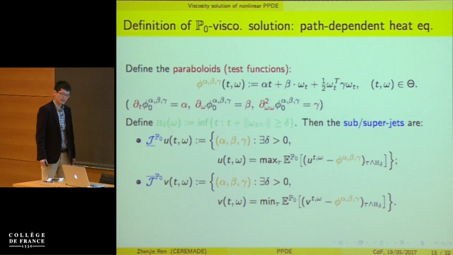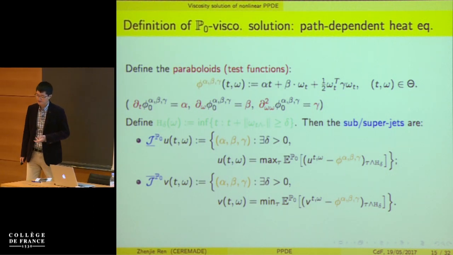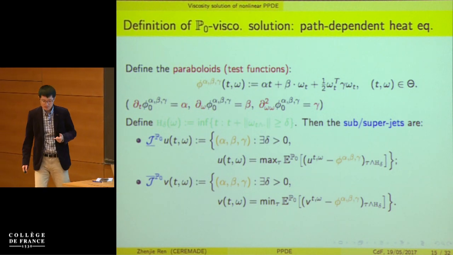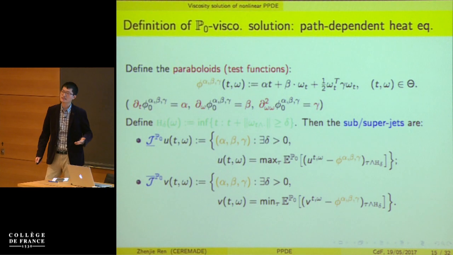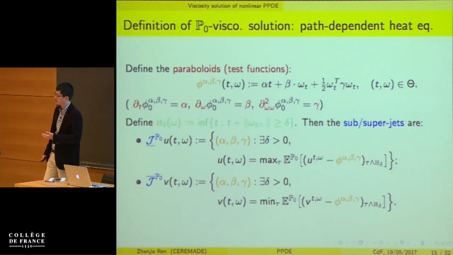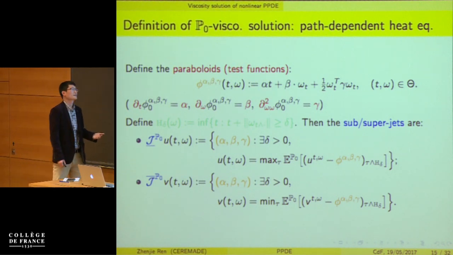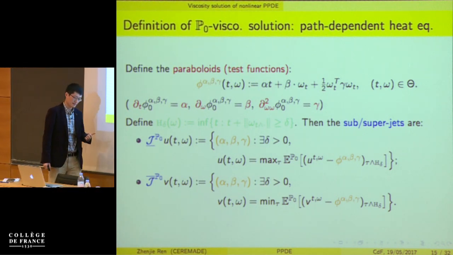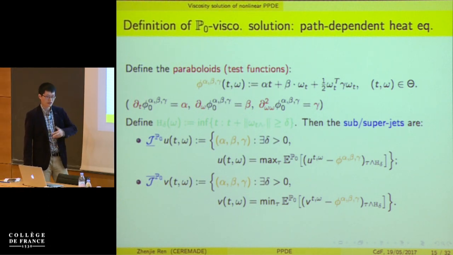And in fact, as in the classical literature of viscosity solutions to PDE, we don't need to consider all those smooth functions as test functions. It's only necessary to consider those paraboloids. So here is the same story. We only need to consider those test functions as paraboloids. So the definition of viscosity solution would be equivalent.